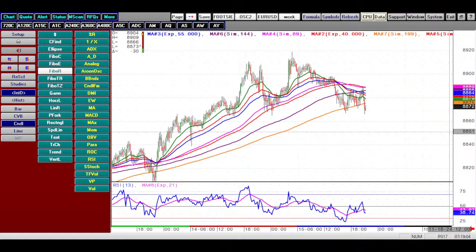We'll only take this at the market, because 88.95 is only 20 pips, and 88.45, I put 40, about 35 pips.